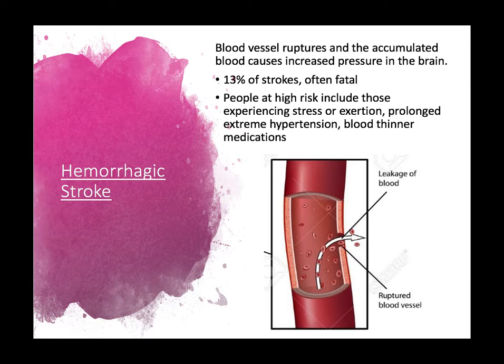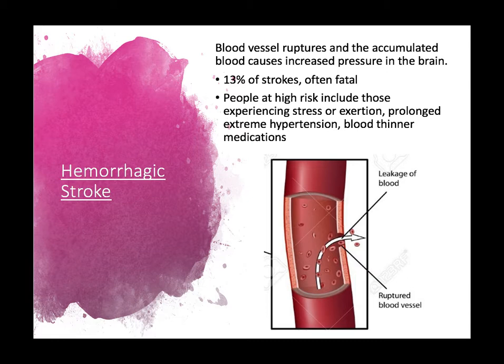Hemorrhagic strokes account for about 13% of the strokes, but these are the most harmful, and these are often fatal. So some people that are at risk include those that have high stress levels, or exert themselves a lot, prolonged extreme hypertension.